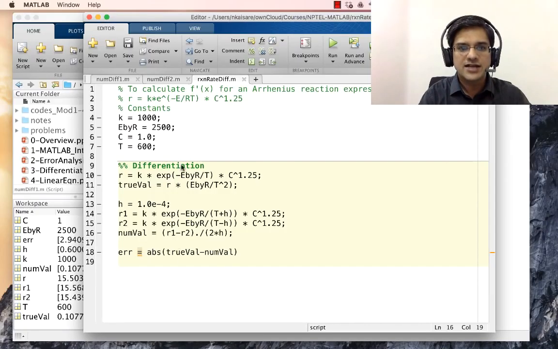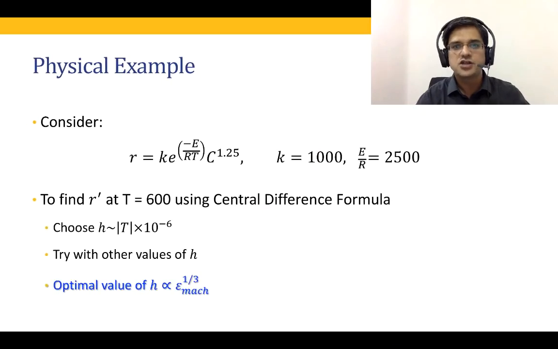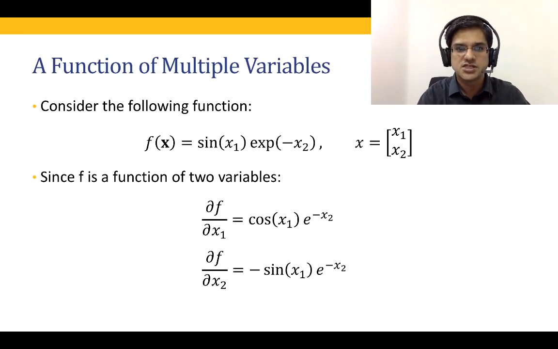So what we had done in this particular MATLAB code was this: we held the concentration value constant at 1.0 and varied the temperature to T plus H, T minus H, and found the central derivative. So that is what the definition of partial differentiation is.